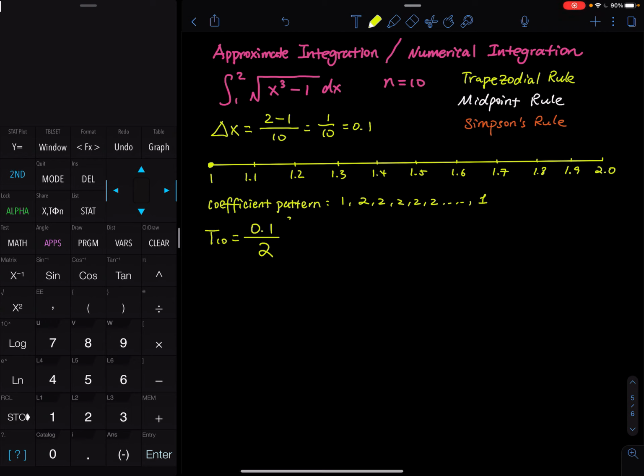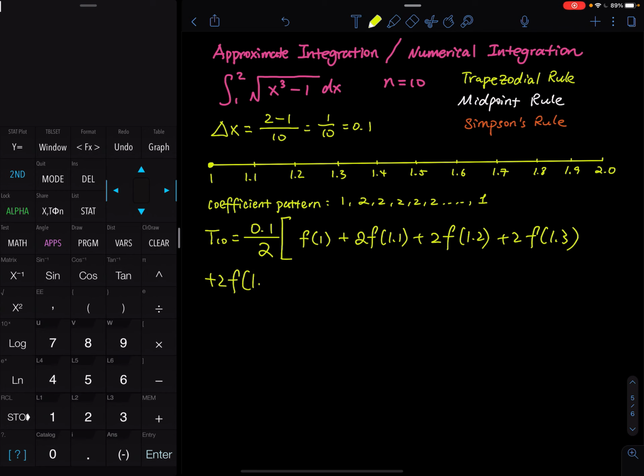And then you have what? You have from F1 all the way to F2, right? So F1, what is the coefficient of F1? 1. And then from 1.1, the coefficient pattern, a bunch of 2s, right? So 2 F of 1.1 and then plus 2, not 3, I almost wrote 3, F of 1.2, and then 2 times F of 1.3, and then plus 2 times F of 1.4, and then you go all the way to 2.0.